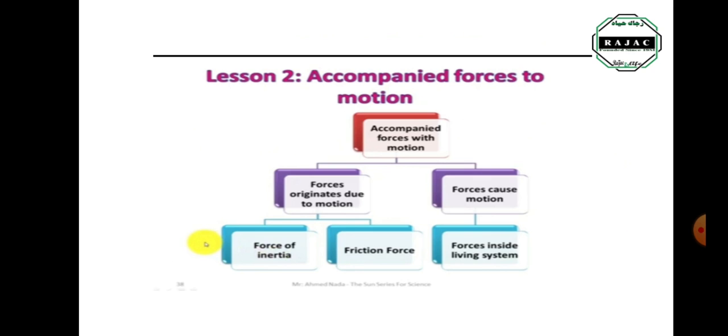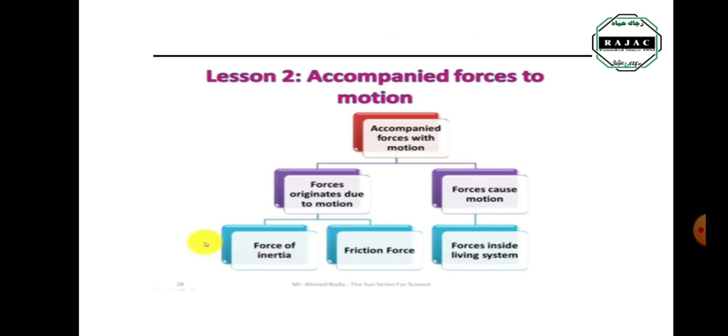In the next video I will finish unit 2. Okay, is it clear? So we talked about the forces due to the motion and the forces that cause motion. The forces due to the motion, such as the force of inertia and the friction force.